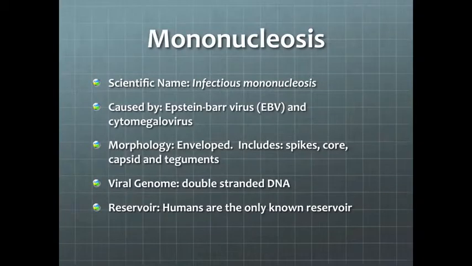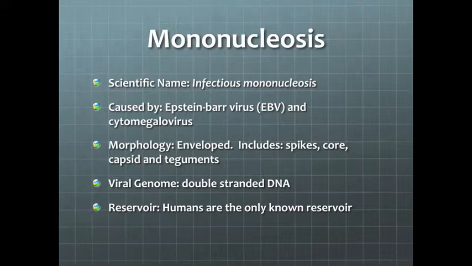So here we go. The scientific name for mononucleosis is infectious mononucleosis. It's caused by the Epstein-Barr virus, more commonly known as EBV, and it can also be caused by cytomegalovirus.